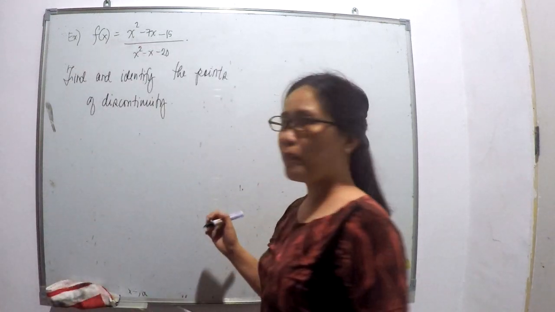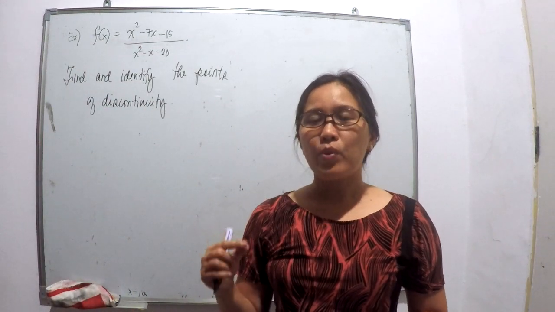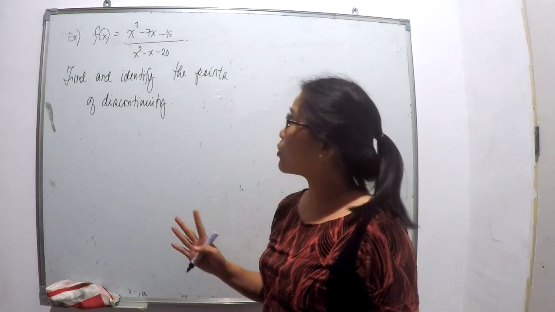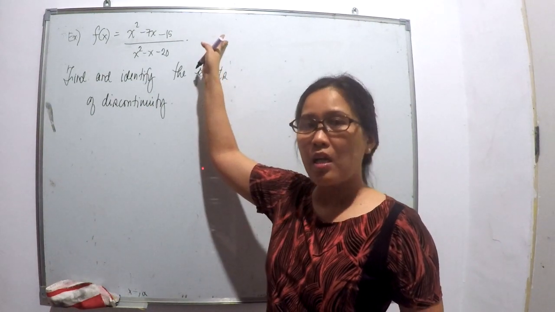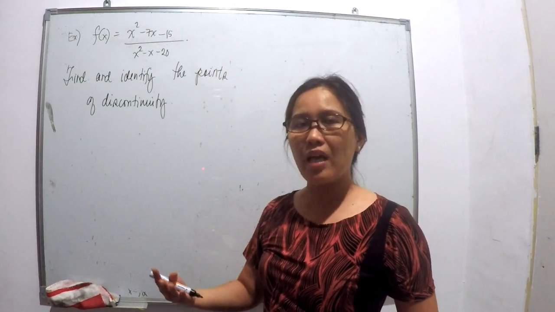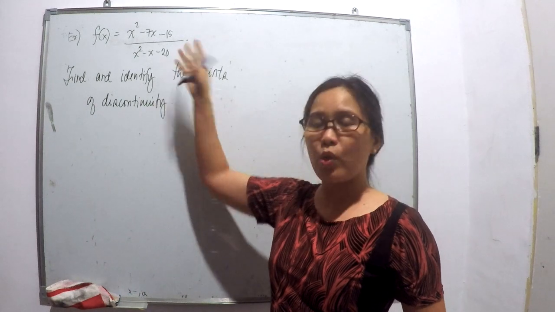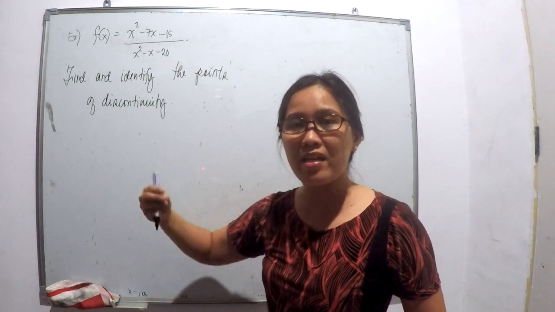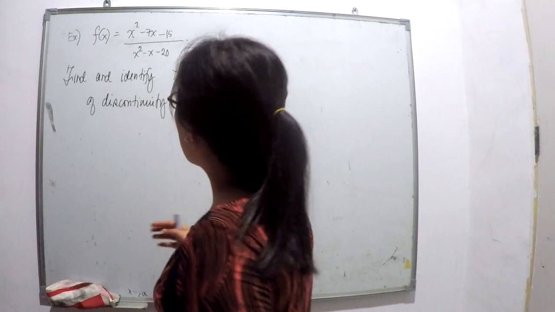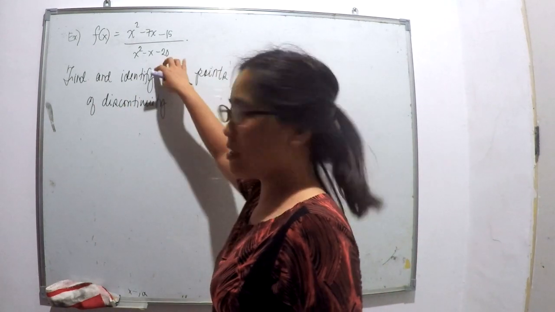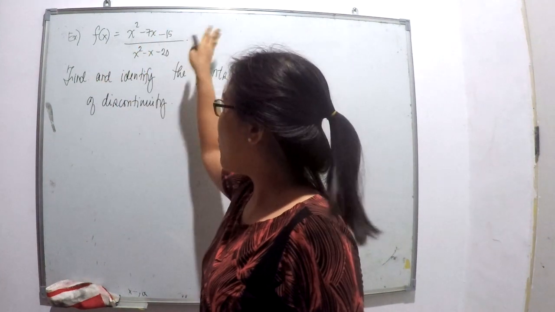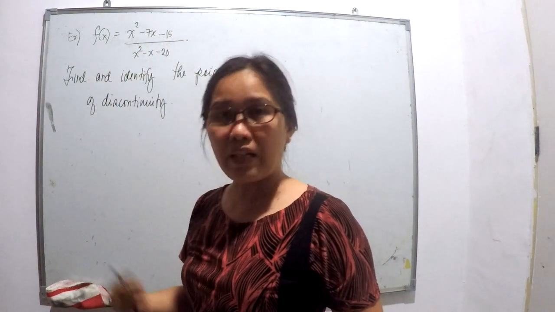Obviously the points of discontinuity are points that can make the function undefined, and it is easy to determine because this is already a rational expression. So those values of x that can make the denominator 0, that can make the function undefined, we have to use factoring.